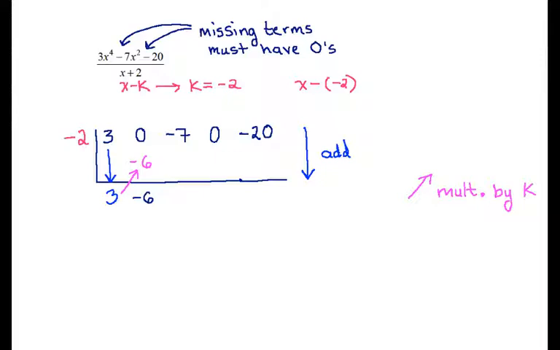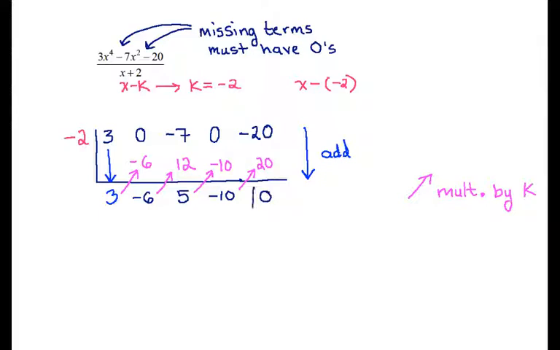Again, going diagonally upward, negative 6 times negative 2 gives me positive 12, and adding downward, negative 7 plus 12 is 5. Diagonally up again, 5 times negative 2 is negative 10, and adding downward, 0 plus negative 10 is negative 10. Going diagonally up again, negative 10 times negative 2 is positive 20, and coming down, negative 20 plus positive 20 is 0.